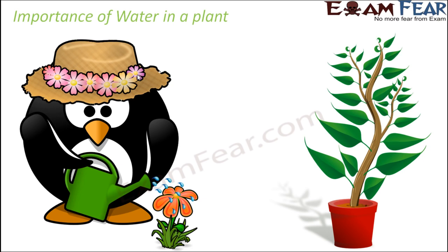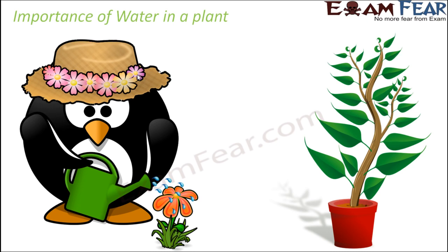When you talk about a plant's weight, if you weigh a plant, it is seen that almost 80% of a plant's weight is water. So only 20% is some solid, otherwise everything is all water. Generally, woody parts of the plants, maybe the bark, have a little less water comparatively, but the softer parts of the plant, like the leaves and the soft stems, are made up of mostly water.